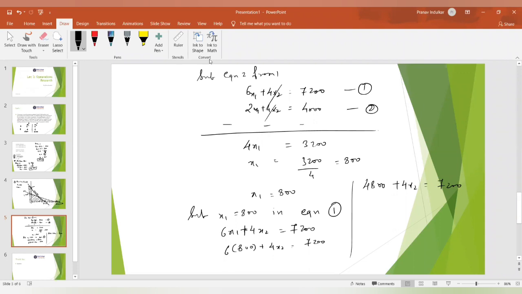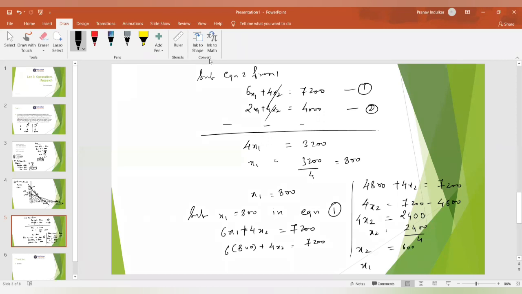So then 4x2 is equal to 7200 minus 4800, that is equal to 2400. x2 is equal to 600.